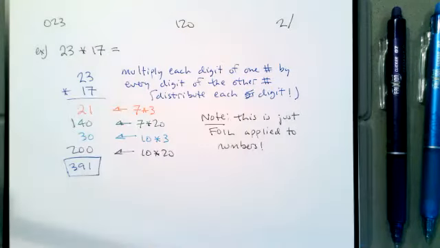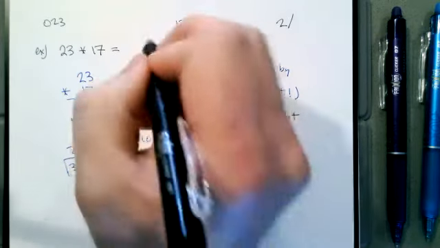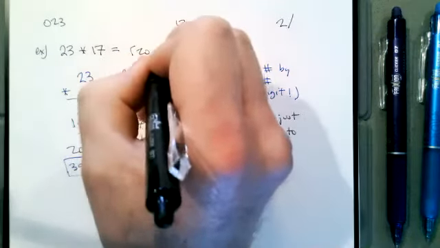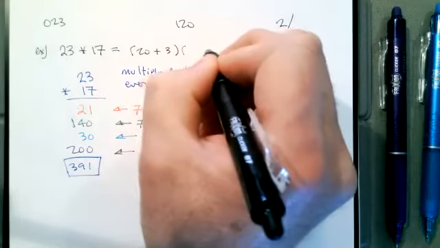And using the normal way we think about numbers as additive, we think of this as a 23 and a 17.